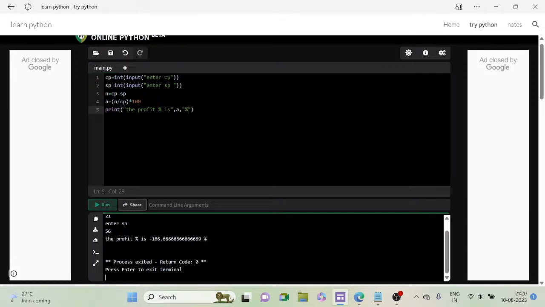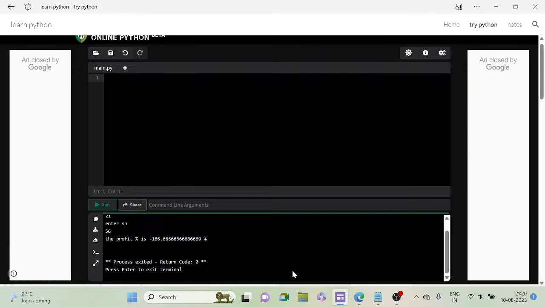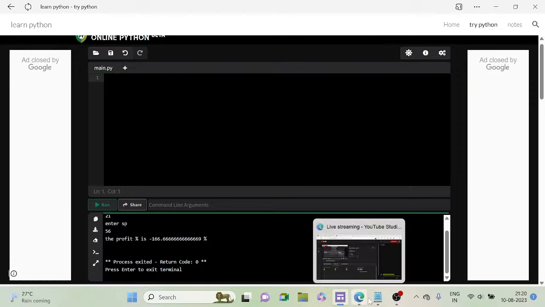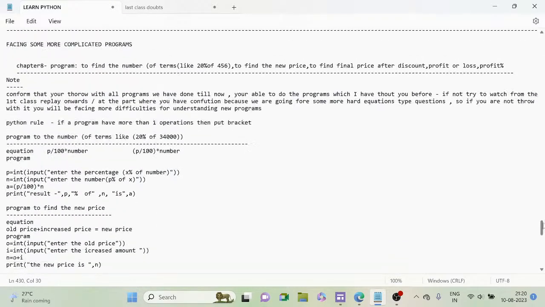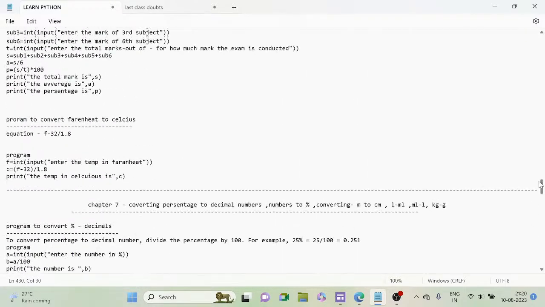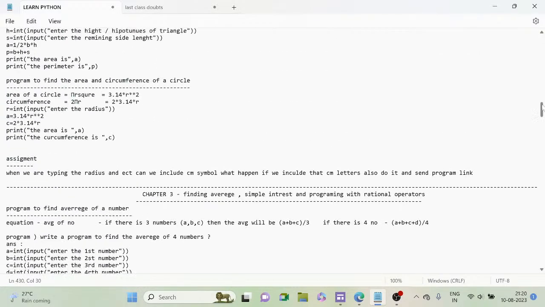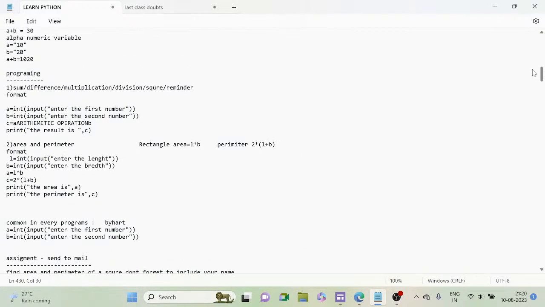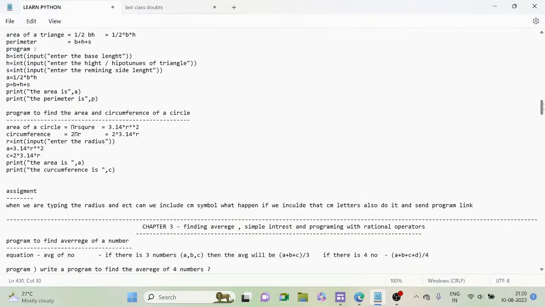Now let's go for our second program. This programming is very easy and you can do it. There are lots and lots of programs. In the last session we discussed up to the relational operators.